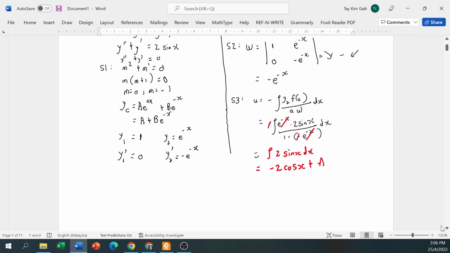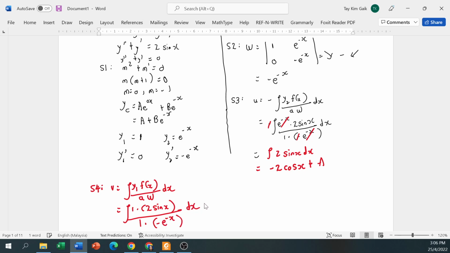Later on you'll find the v. Step 4, finding v, which is the integral of y1 f(x) divided by a divided by W dx. Okay, y1 is 1, f(x) is 2 sin x, a is 1, W is negative exponent negative x dx.